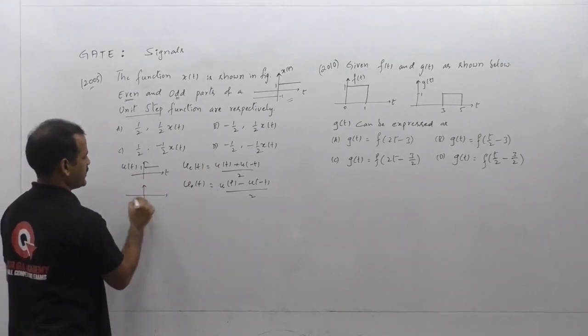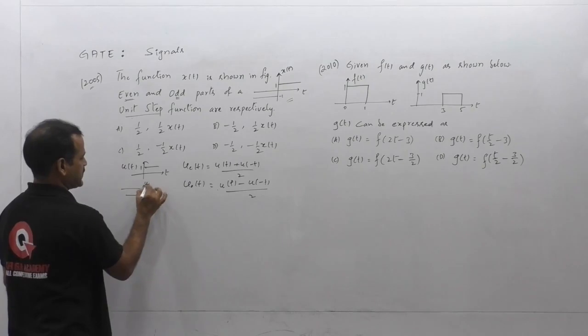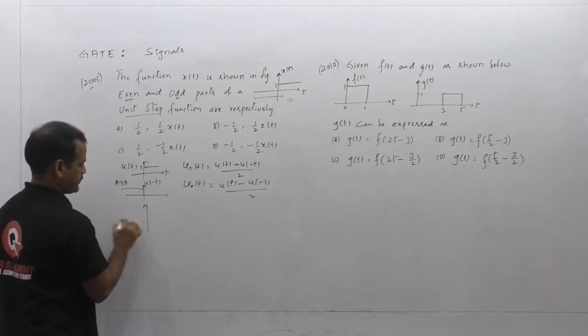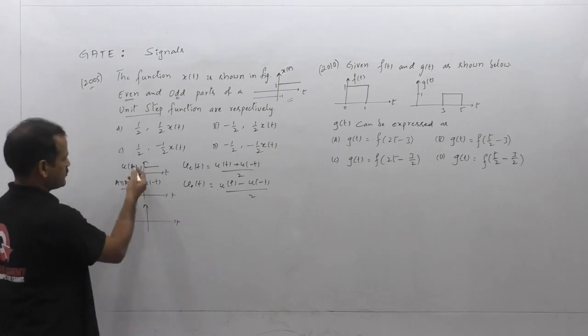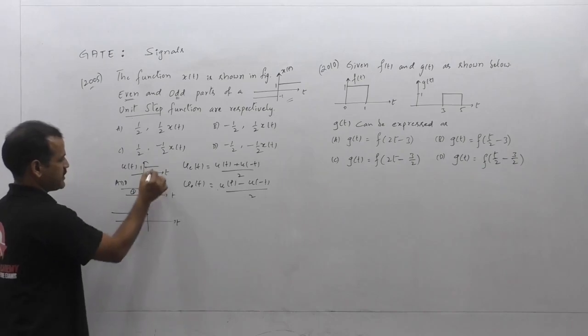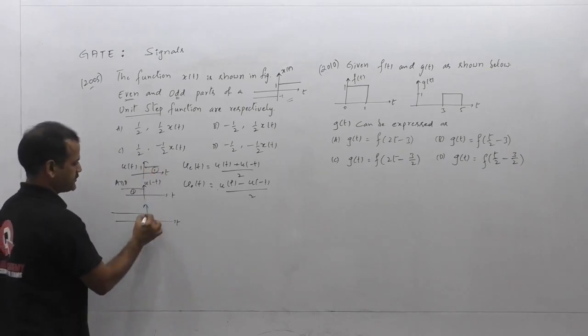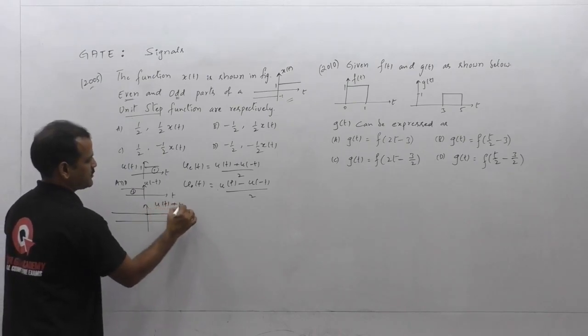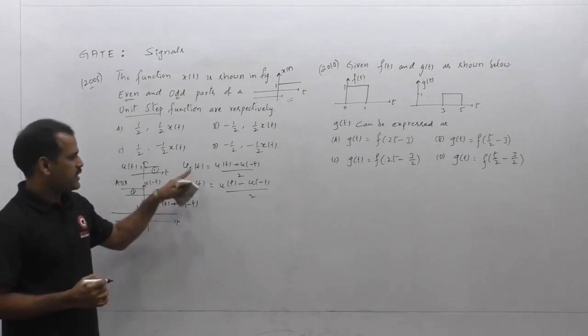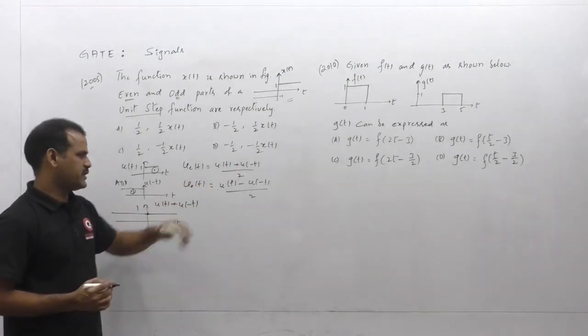If this is u of t and u of minus t is the reflection, if we add these two, the left hand side has only one signal with amplitude 1, and the right hand side has only one signal with amplitude 1. So this is the sum of u of t plus u of minus t, where the amplitude is 1, whereas to get the even part we have to divide by 2.